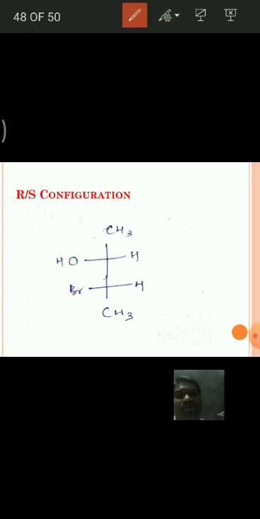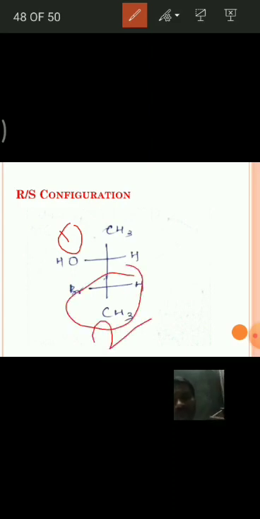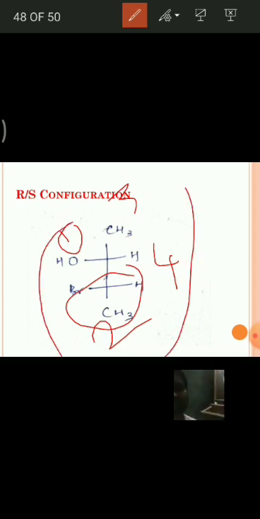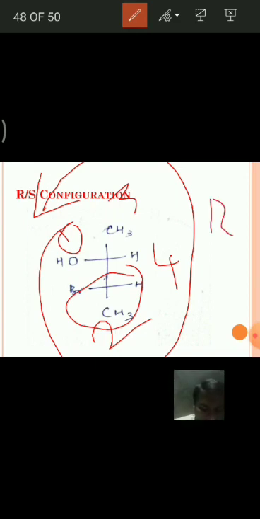For the first carbon, this group is 1 and this entire group is 2, this is 3, this is 4. 4 is on the horizontal line, hence 1 2 3 is like this, counterclockwise, hence R. That means for this it is R configuration.